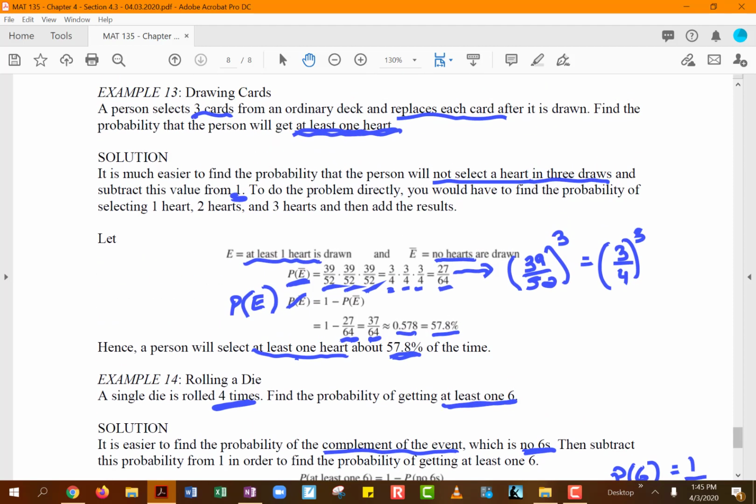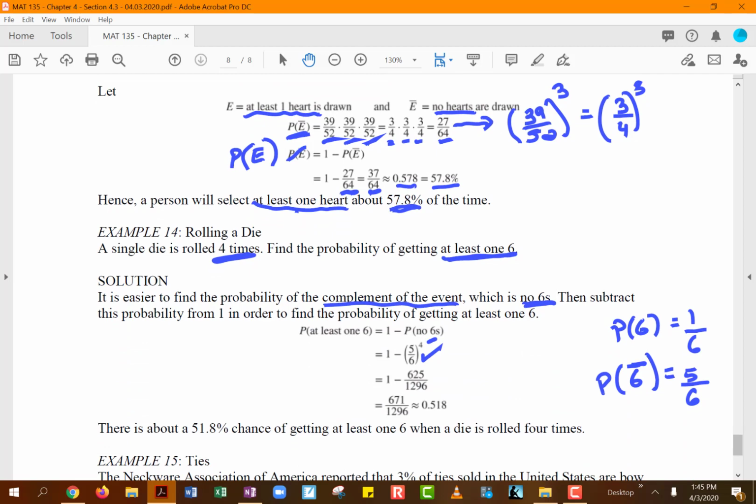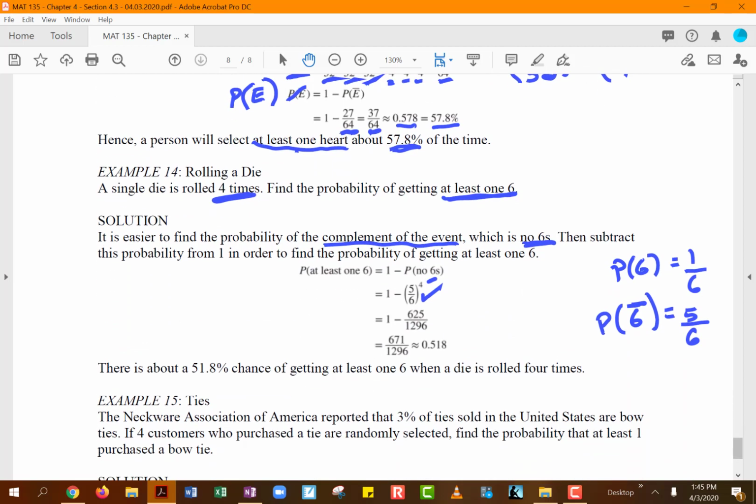And that's because we were drawing 3 cards from our deck, right? So that's where that number 3 is coming from. This number 4 is coming from rolling our single die 4 times. So that's why this is raised to the 4th power.